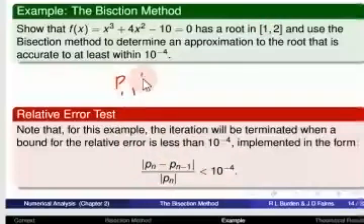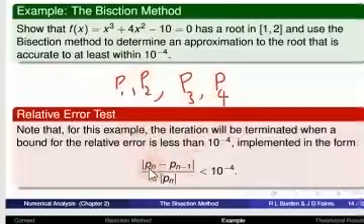And P2 you can compute, P3, P4 like that, right? Then you find the absolute error by taking the difference between these two quantities, take the modulus of that divided by the current one, right? That should be less than 10 to the power minus 4, right?